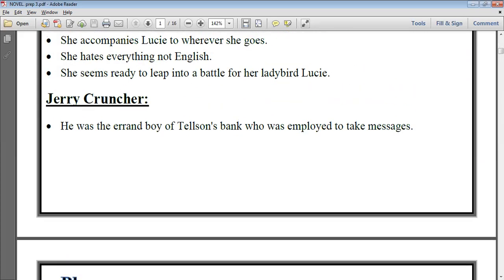The job of this man is to take the messages from Tellson's bank and send them to people who are dealing with the bank. And of course, not all the people, just the people who are involved in our novel this year, inshallah.